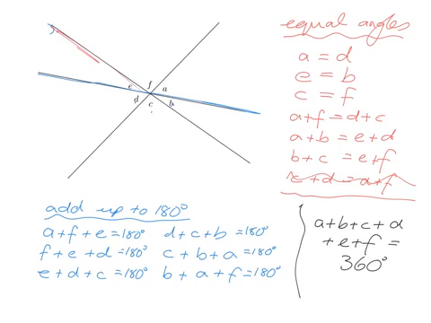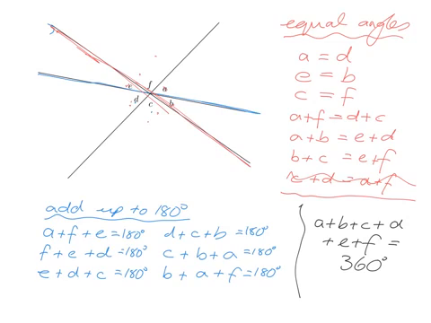If we then look at this line here, this one gives us B plus A plus F equals 180, as well as E plus D plus C. And if we look at our last straight line, it's A plus B plus C and D plus E plus F, which gives us 180.